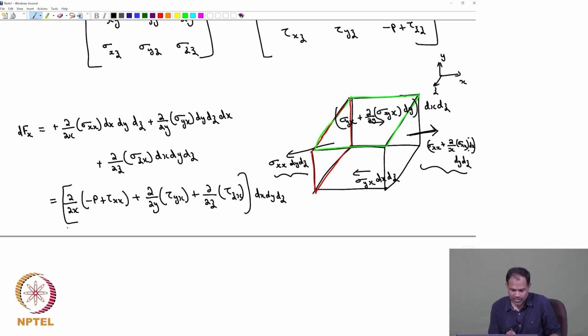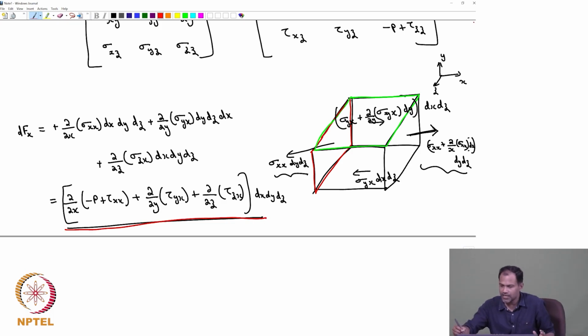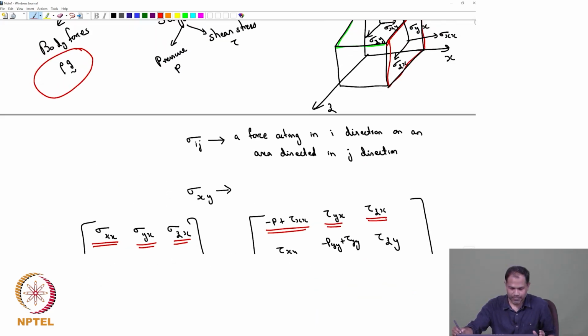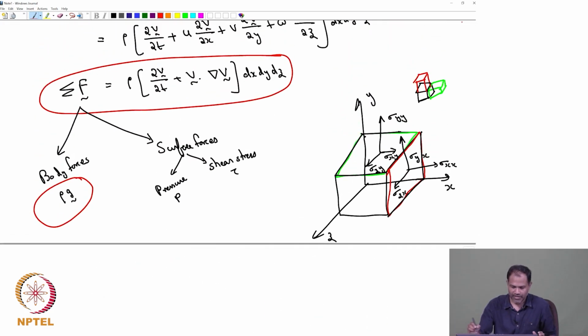Okay. In other words, this is going to be the force density that we really need in x direction in the expression that we had derived here. So, that was the expression that we had derived here.